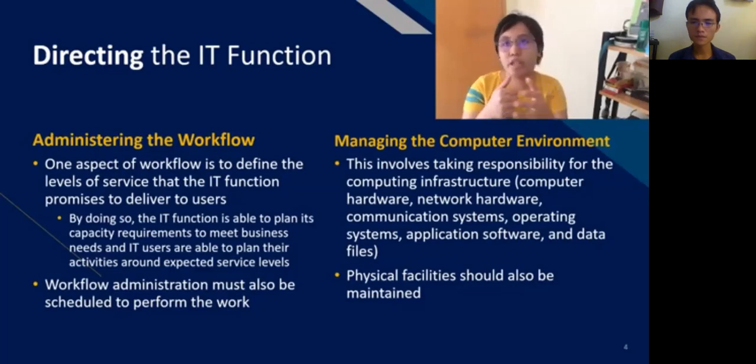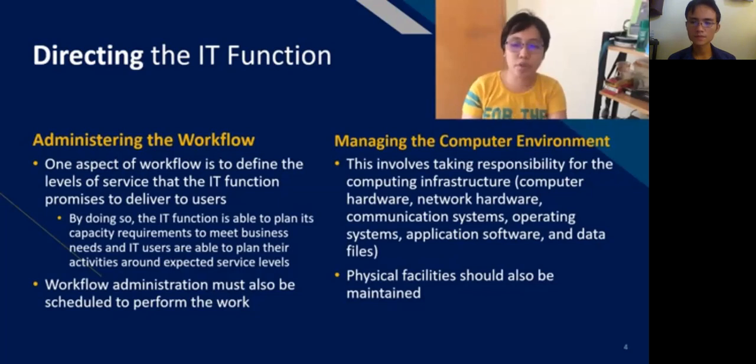Of course, the IT users are also vital in knowing if the workflow is working well. So the next step that we need to do is to manage the computer environment. Managing the computer environment involves taking responsibility for the computing infrastructure.